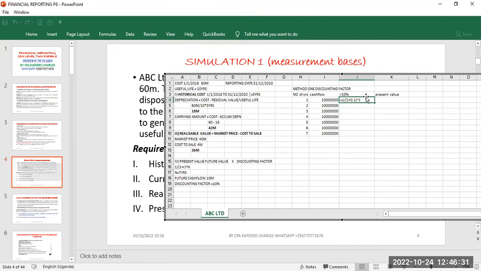Remember, let me just put this. We can lock this one because let me put the 10% here, so that we'll be able to do it using Excel, not doing it manually. Instead of putting this 10%, I put the exact figure.